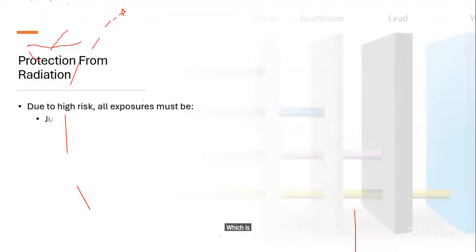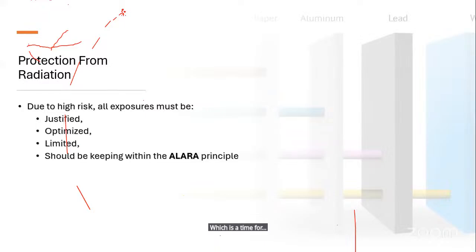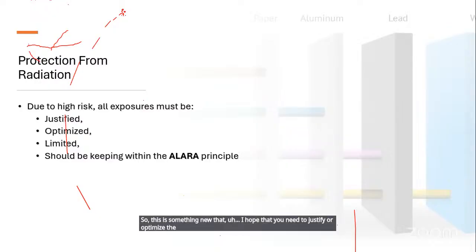So how do I protect people from radiation? There are three factors for protection, which is time and distance and justification. This is something new that came up, that you need to justify or optimize why you need to request an X-ray, for example.